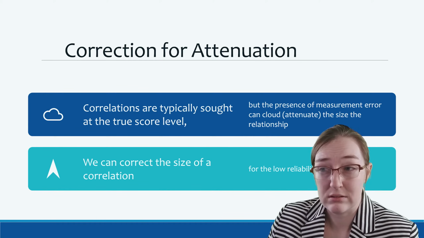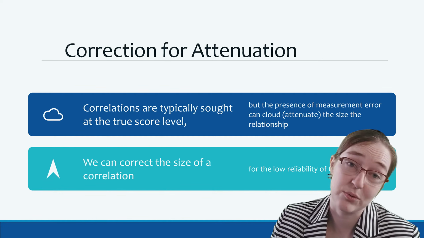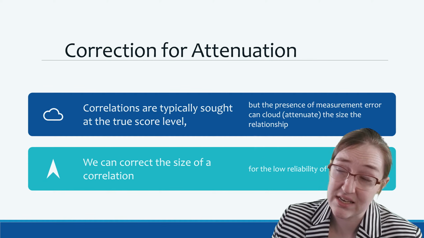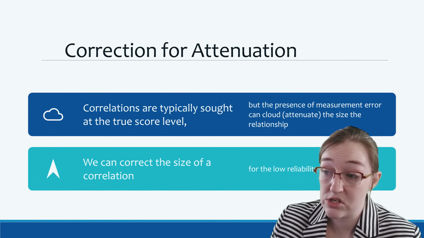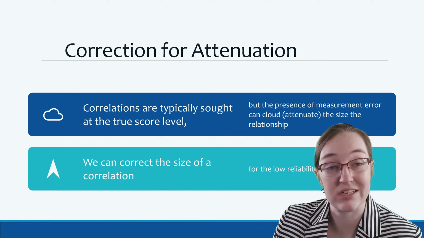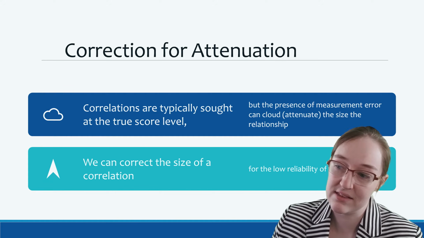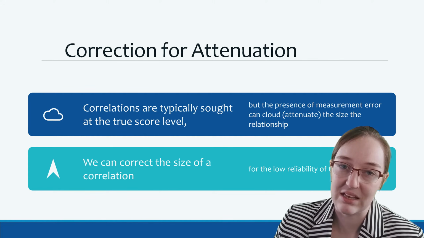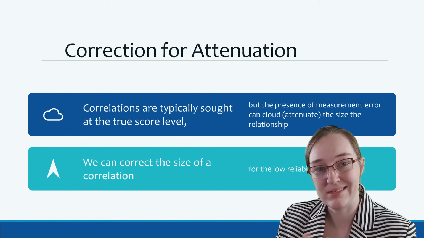And to do this, I've got an equation on the next slide, but this is kind of a last resort if you don't have a means to actually collect more data. This can be a way to get a sense of what that correlation would be if you had a more reliable test.